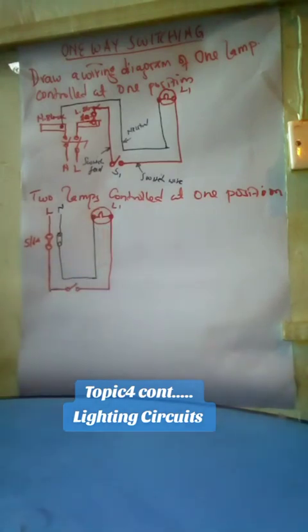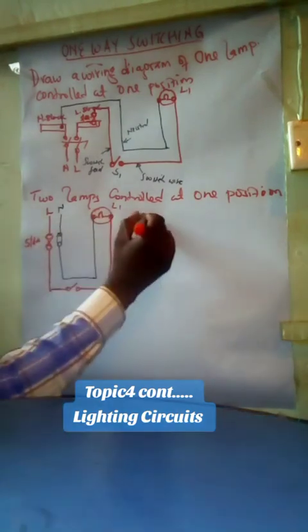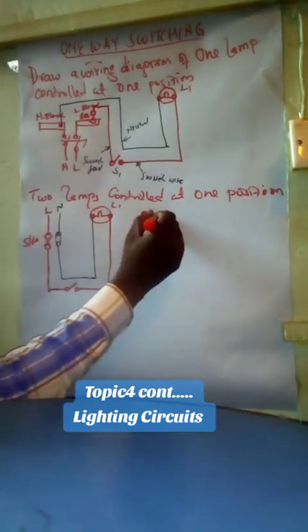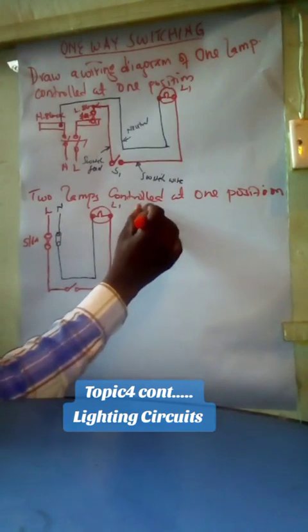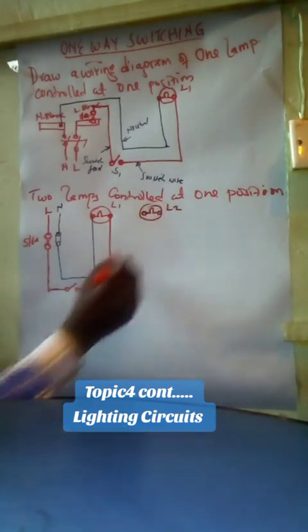So we're talking about two lamps here. We can do it in two ways. By introducing our second lamp here. This is lamp 2.